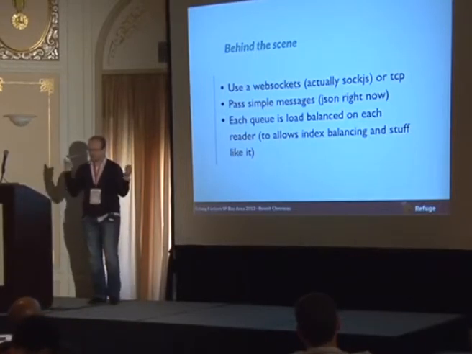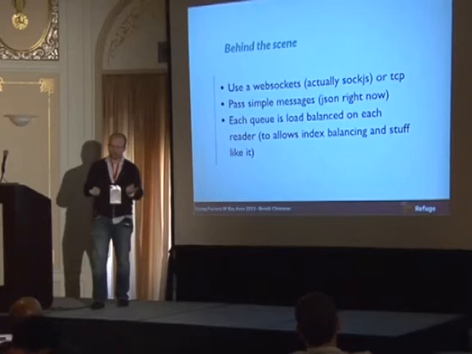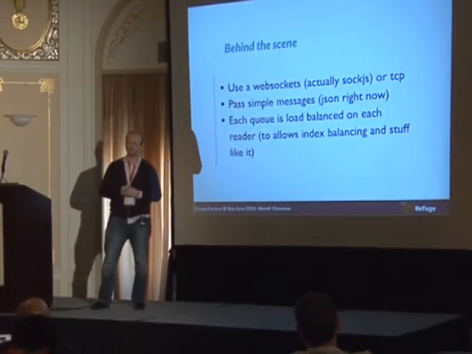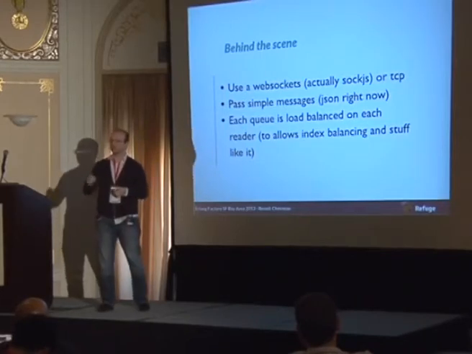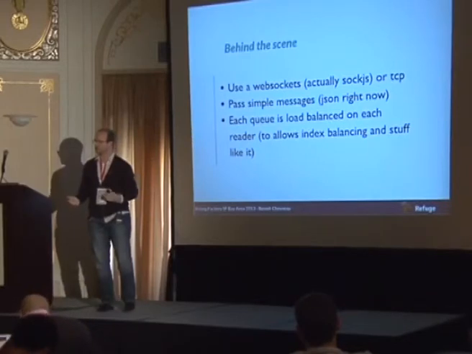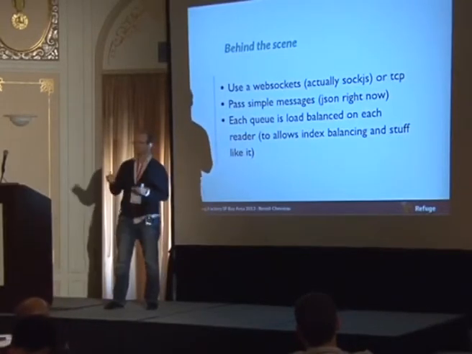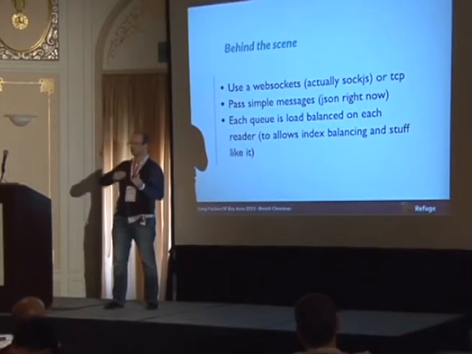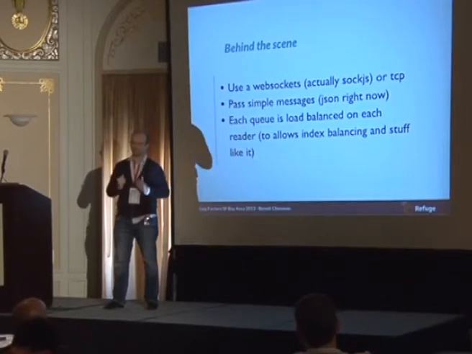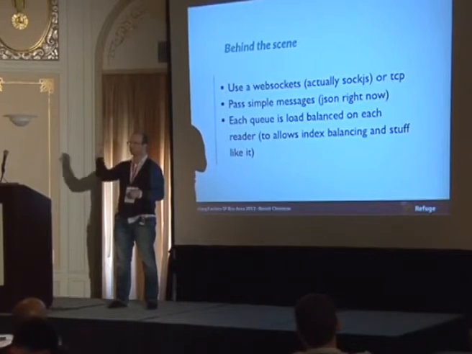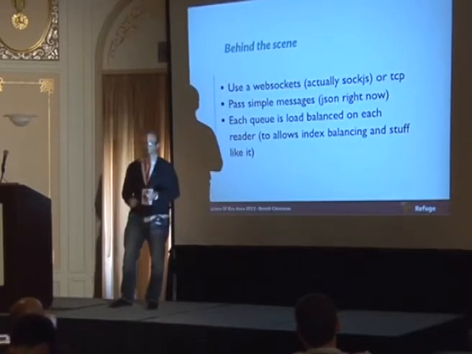Another thing: a queue on the index server can be shared between multiple clients. For example, if your indexer starts on multiple machines, if you want to dispatch your index on multiple machines and your indexer handles that, your indexer can say, okay, I have some data coming, I want this machine to connect to the blob server, and the blob server will share the queue between them and will load balance the data between them.